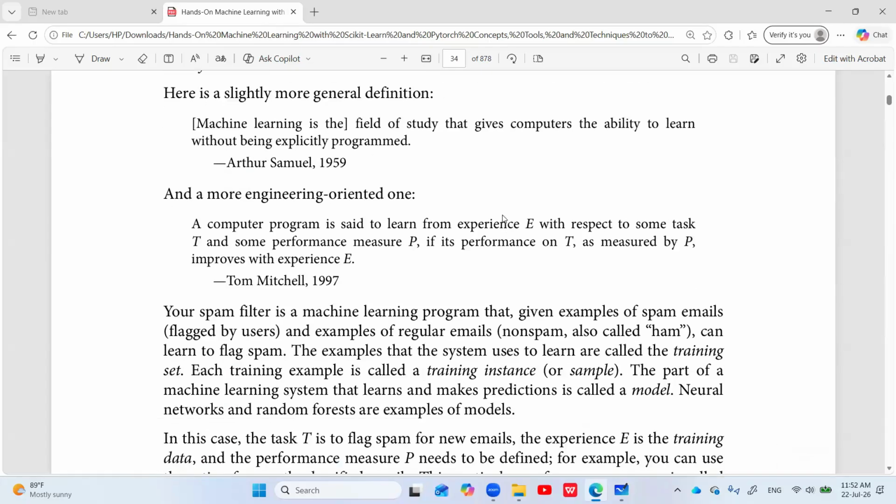And then there is a more engineering oriented one, given by Tom Mitchell in 1997.